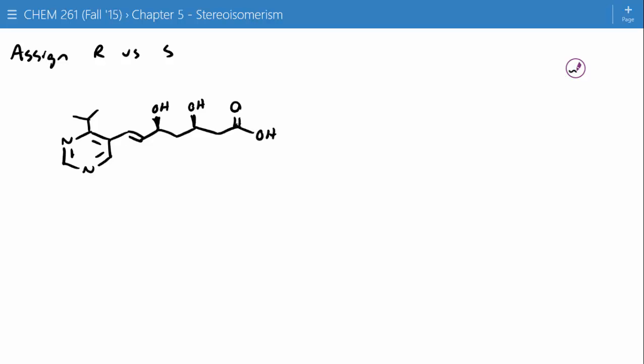There we go. This one's big. I'm going to make your hands sore. And then over here we've got a nitrogen with the methyl group.